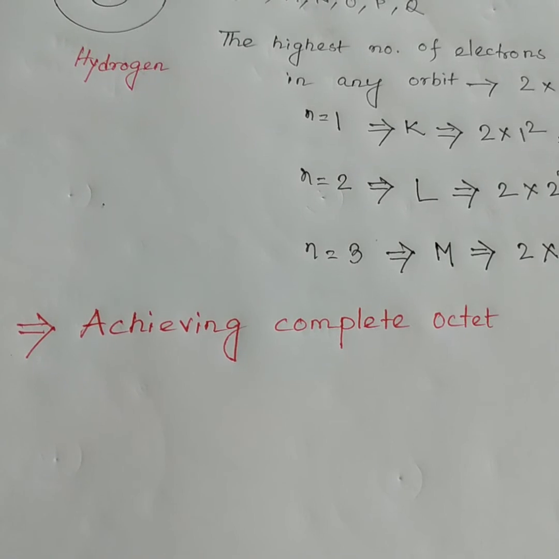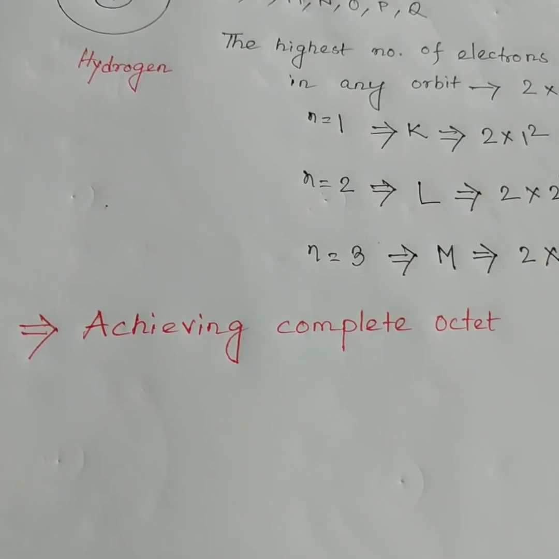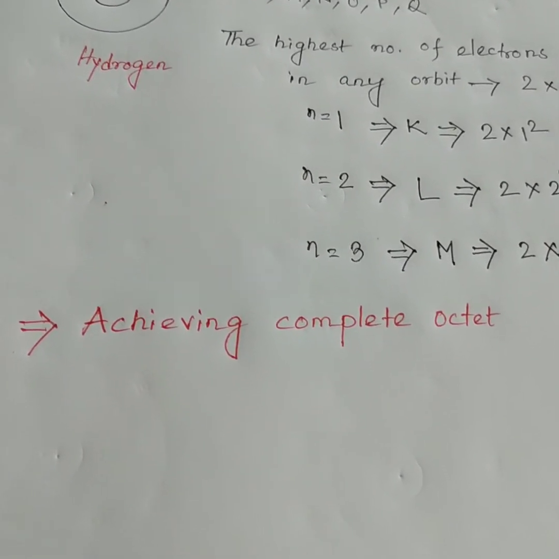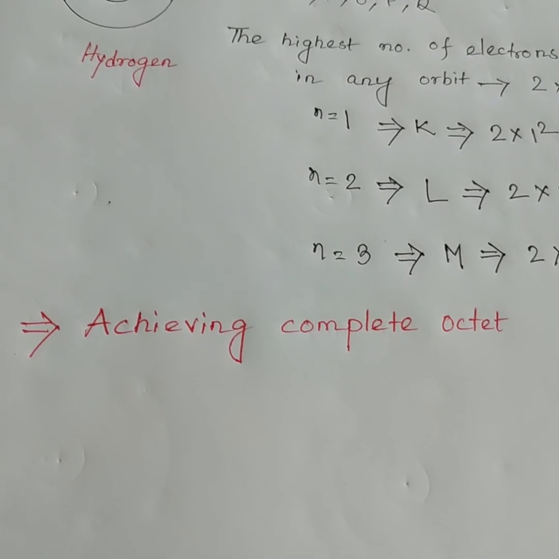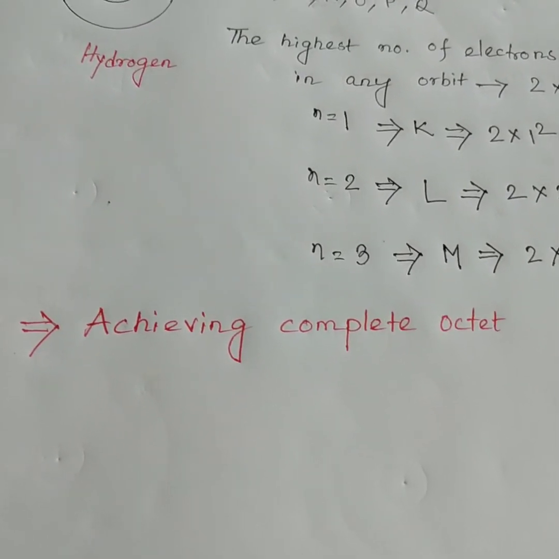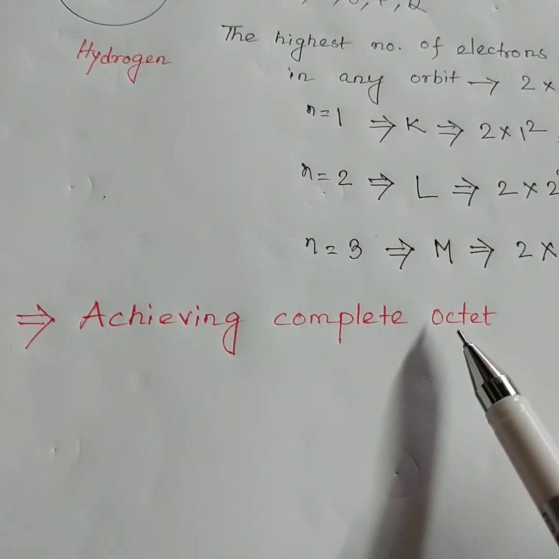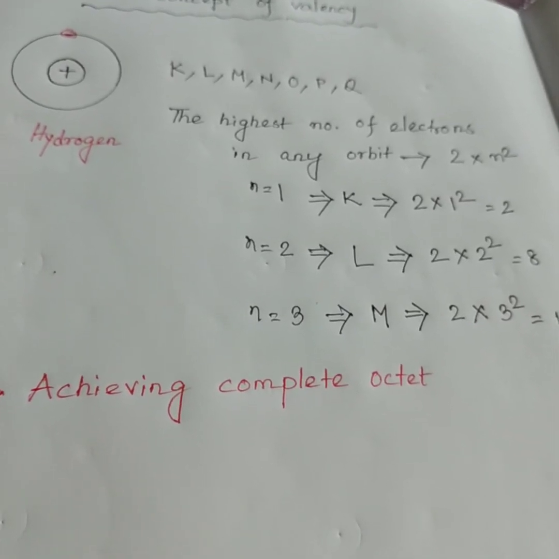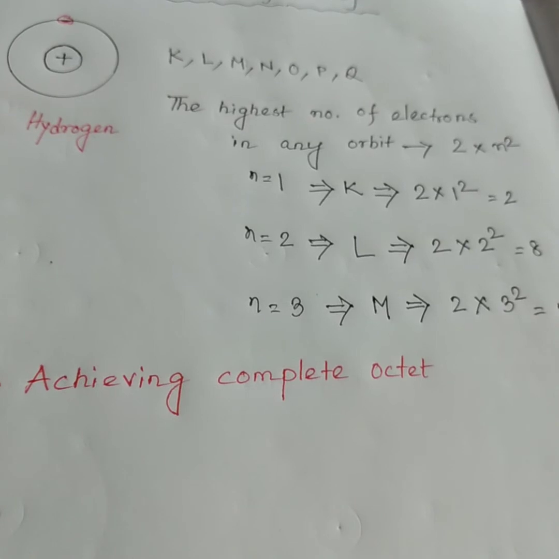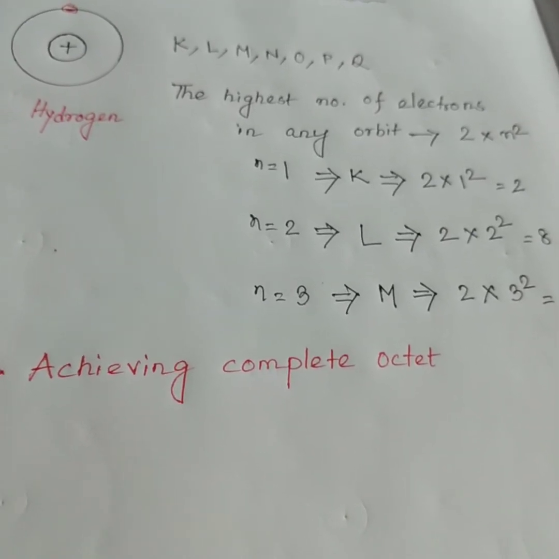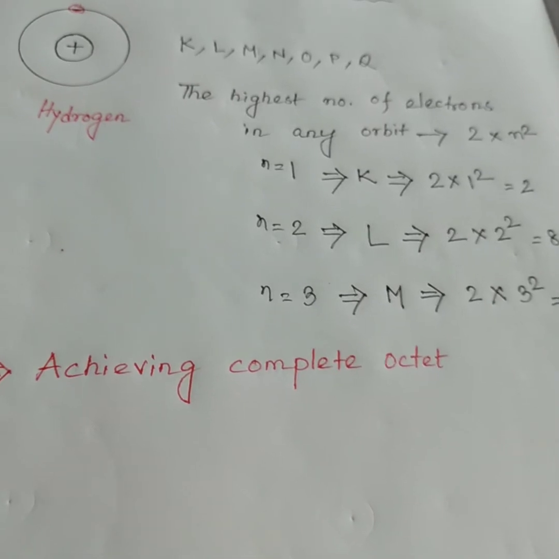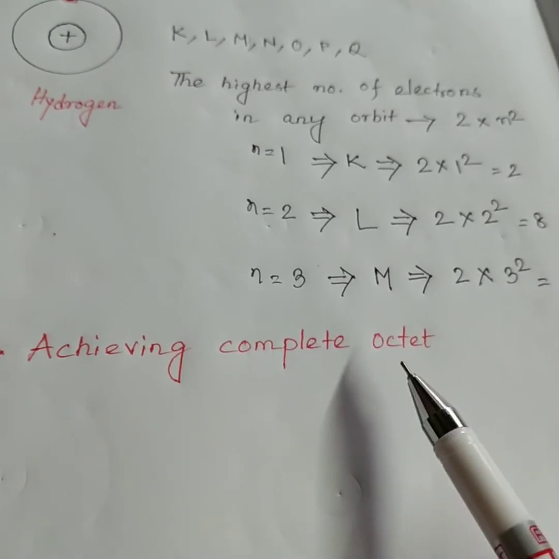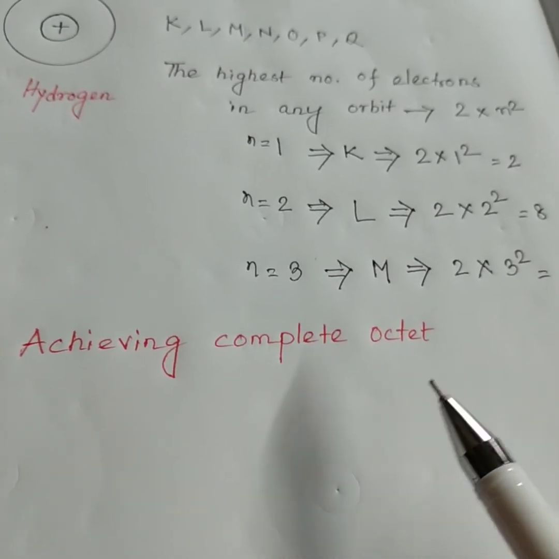An atom has to gain, lose, or share a particular number of electrons from its outermost orbit to obtain a complete octet, right? Therefore, the capacity of an atom is the total number of electrons gained, lost, or shared to complete its octet arrangement in the outermost shell.